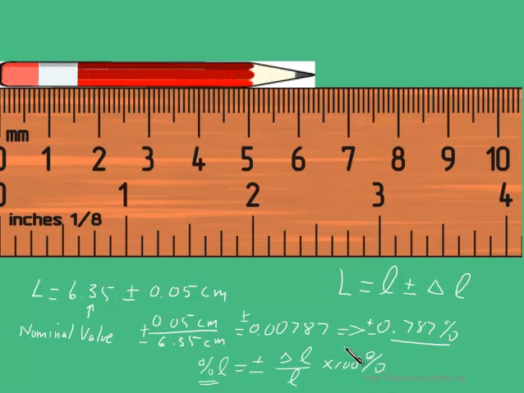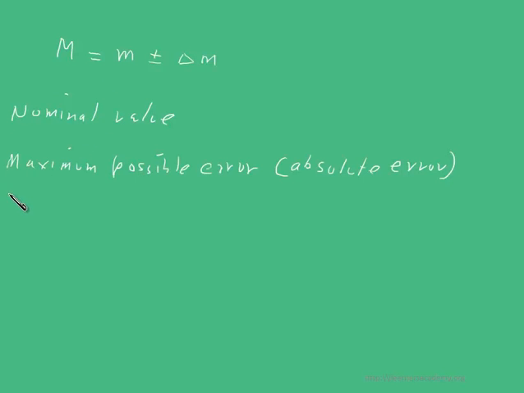So let's just recap the terms you should be very familiar with on completing this tutorial. So given any measurement, let's just use the symbol m this time, for no particular reason. So we can say when we make some measurement m, we have some nominal value plus or minus some maximum possible range. So nominal value, need to know this term, absolute error, or maximum possible error, and relative error.